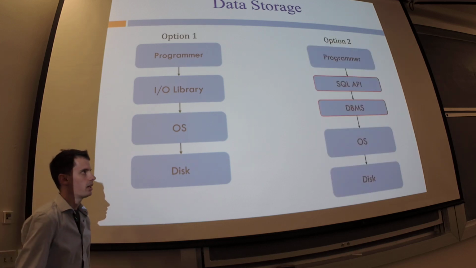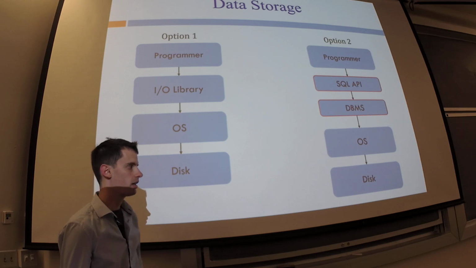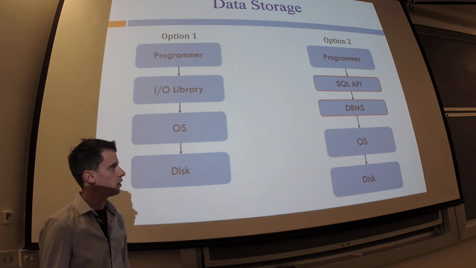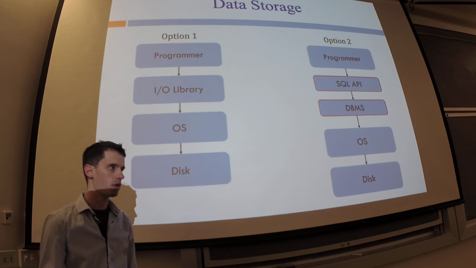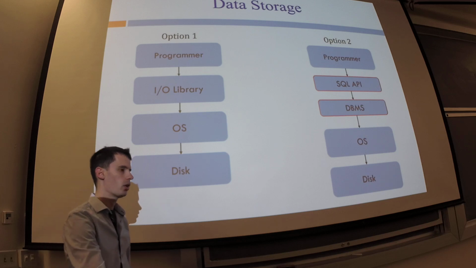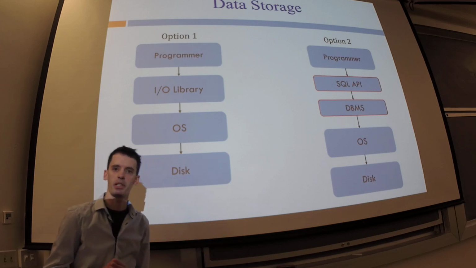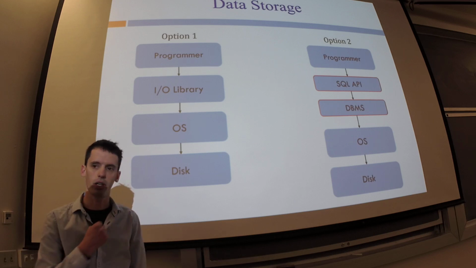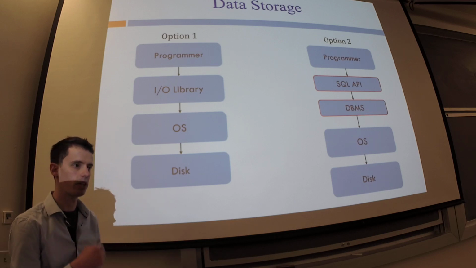What we will be doing is, you're still a programmer. There is programming in this class. But the code you write will use an SQL API, and then that will contact some database management system on a server somewhere, which will then talk to the OS and the disk and decide how to store your data.